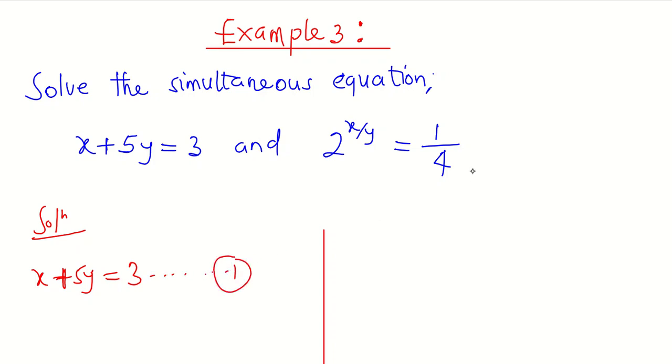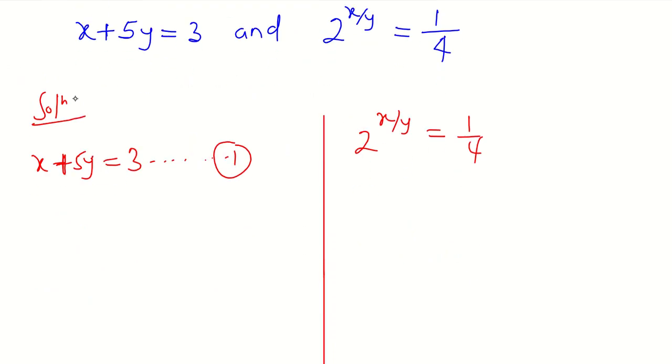Now, when we come here, this is an exponential equation, so we have to reduce it to a linear equation, which means 2 exponent x out of y is equal to 1 out of 4. And when we come here, 4 can be written as 4 exponent minus 1. And we maintain our 2 exponent x out of y.